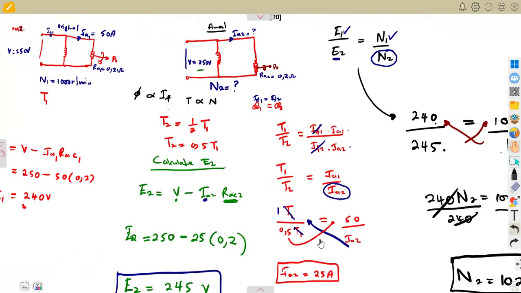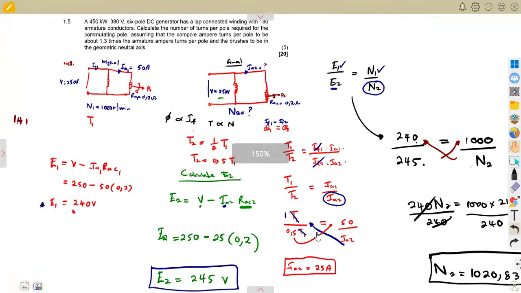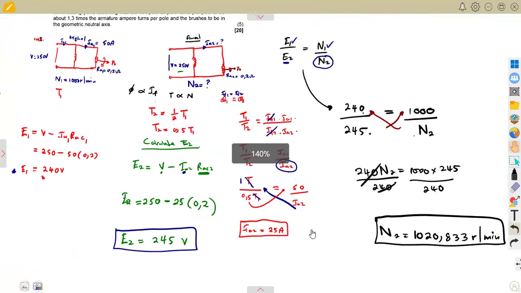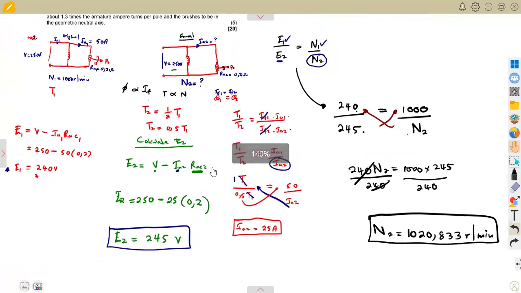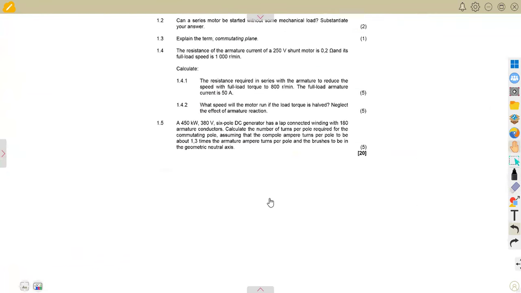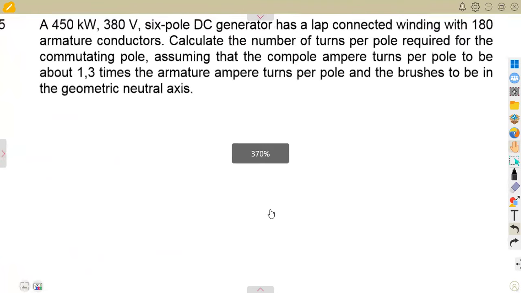At the end, this is what you're going to have on your final exams, questions like this. If you know how they want you to answer these questions, then you are done. So that's 1.42. The speed N2 there is 1,020.833.